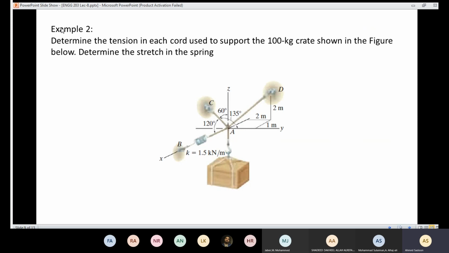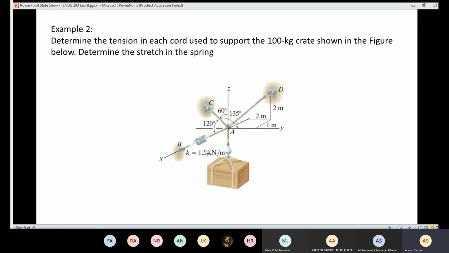So now we have example 2. In example 2, we have a system to carry a box that weighs about 100 kilograms. It's made from three cables to carry that box, and the weight of that box is 100 kilograms.